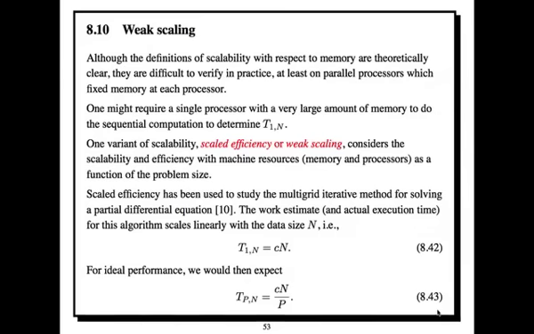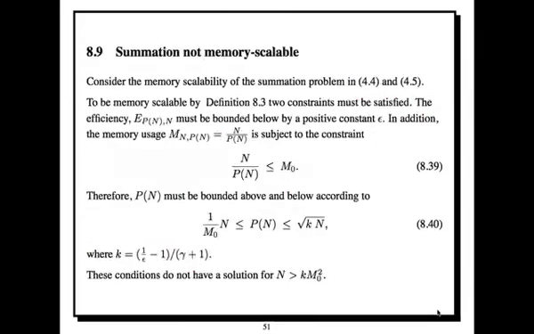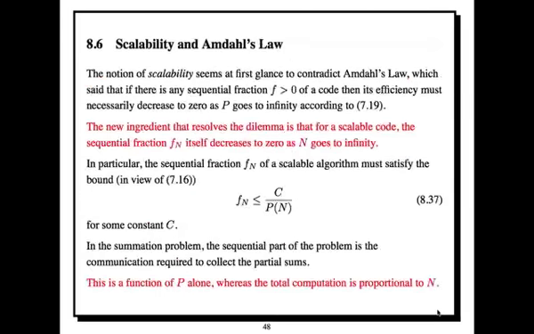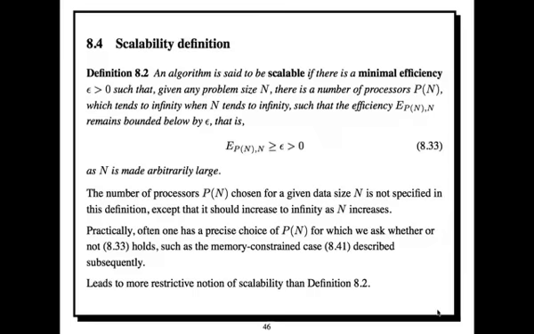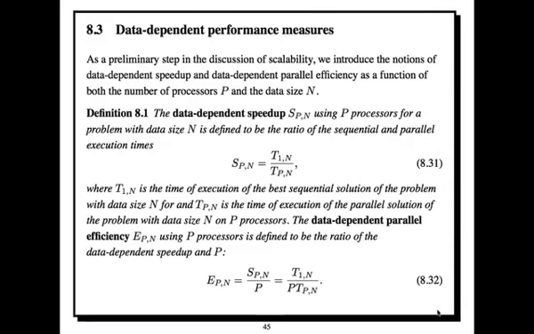Let's go on now to weak scaling. What I've talked about is the classic definition of scalability, and let's just go back to the key ingredients. It really has to do with looking at this quantity, how much speedup you get as a function of n, where you get to pick the p as a function of n.